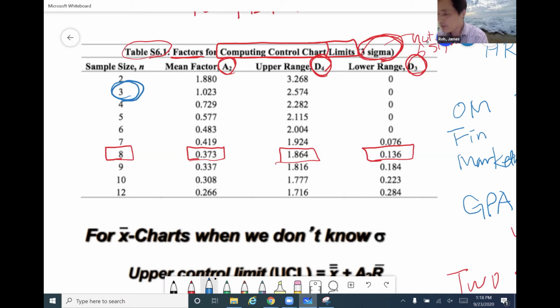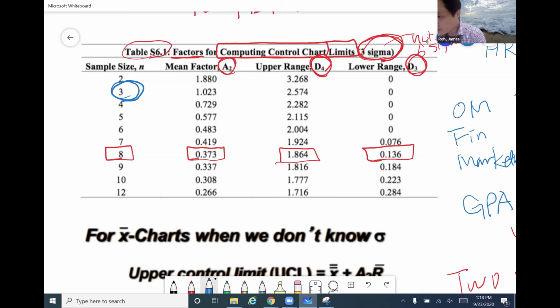We have a sample size of 3 because we have line 1, line 2 and line 3. So there are 3 different lines. That's why we have 3 as the sample size. It's not because from 9 to 5 we have 8 sessions, 8 hours, but because we have 3 different processes.